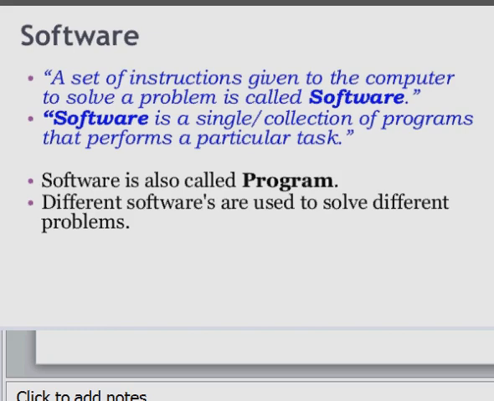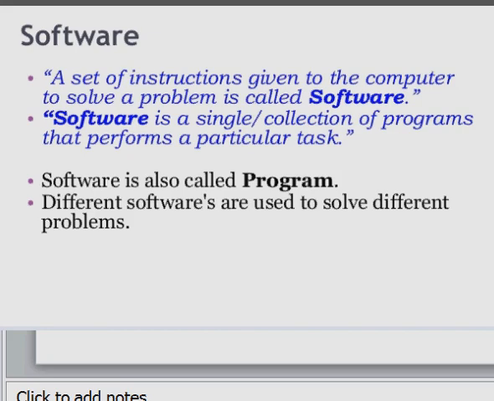So software is just a collection of statements. You can say it is a set of statements or instructions written somewhere with some name given, and those instructions work on some specific task. So why do we write code?